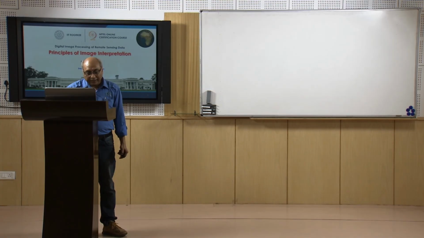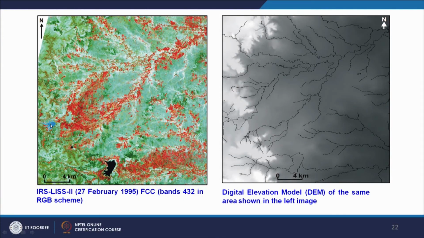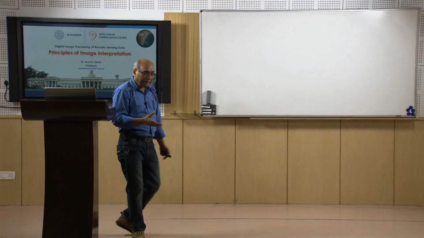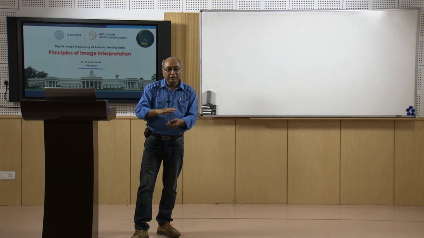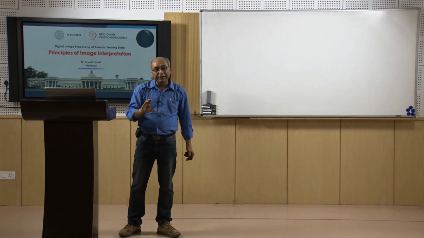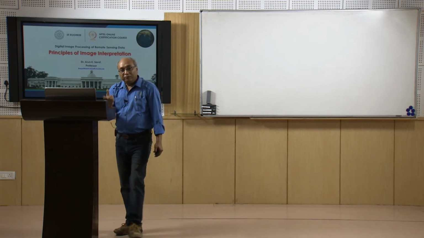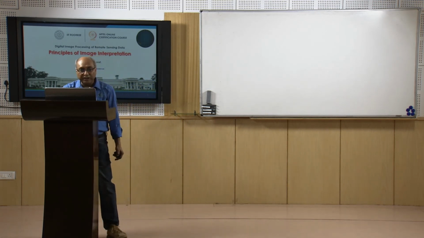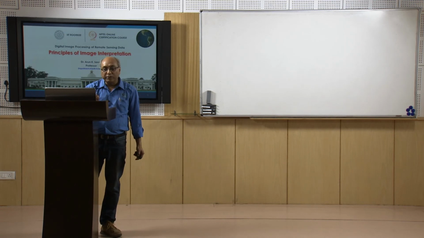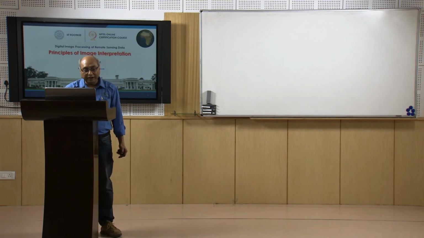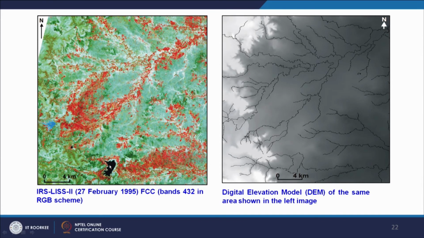That means though this reservoir is on higher ground, it probably might be having turbidity in it, or the thickness of the water column might be very less, and therefore the bottom is reflecting the light. And in a false color composite, generally a freshwater body should appear completely black or dark, very dark, like this one. Whereas this one is appearing dark.